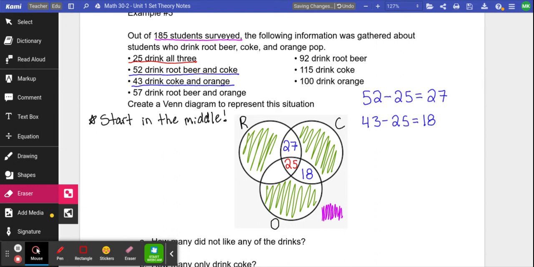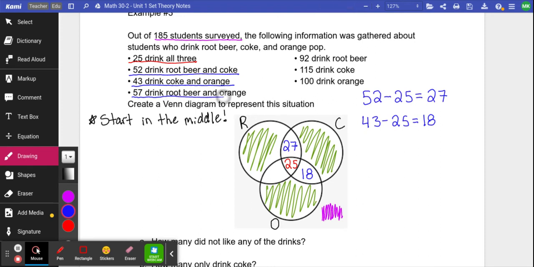Beautiful. Last blue section. That would be root beer and orange. Looking at my data, it says 57 drink root beer and orange. Just like the other questions, I'm going to have to subtract away that 25 in the middle so that I get the right answer of 32 people who go in that spot.